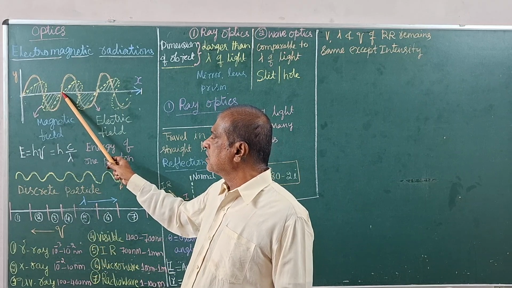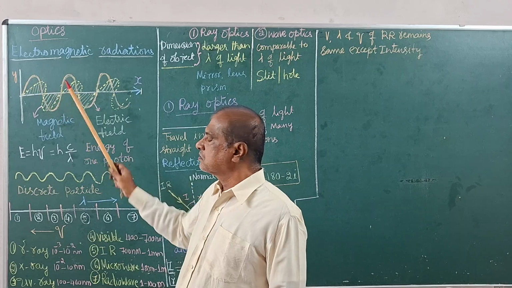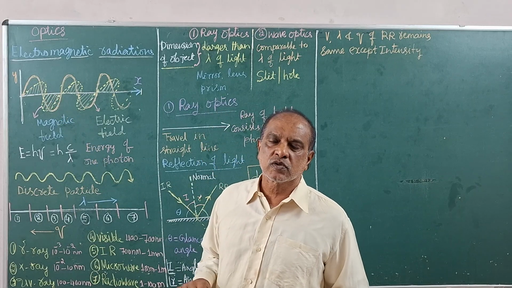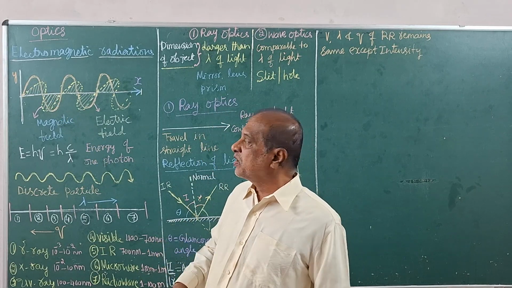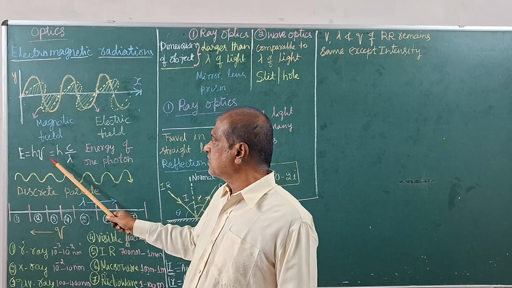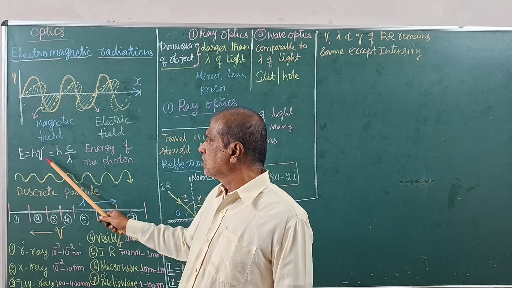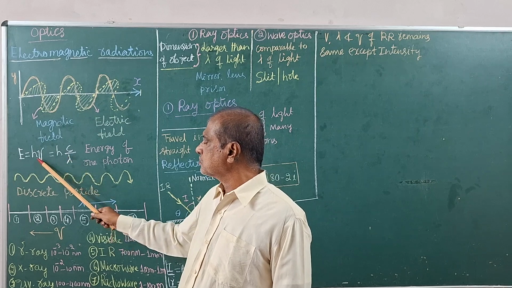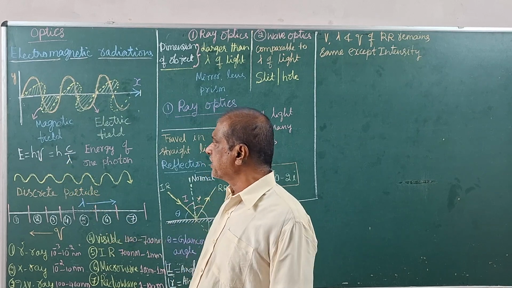What is frequency? Frequency is the number of waves passing a point in 1 second. Frequency and wavelength are inversely related.